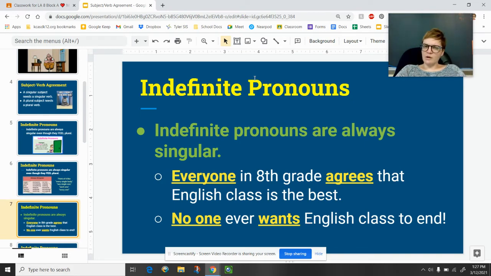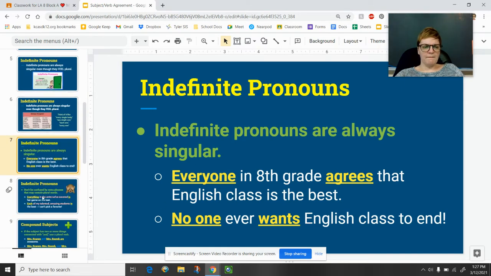Doesn't sound right to our ears, but it's when we start adding in extra phrases that it gets confusing. No one ever wants English class to end. So we have no one, that's a singular indefinite pronoun, and wants is a singular verb, so they go together. Both true statements here, obviously.